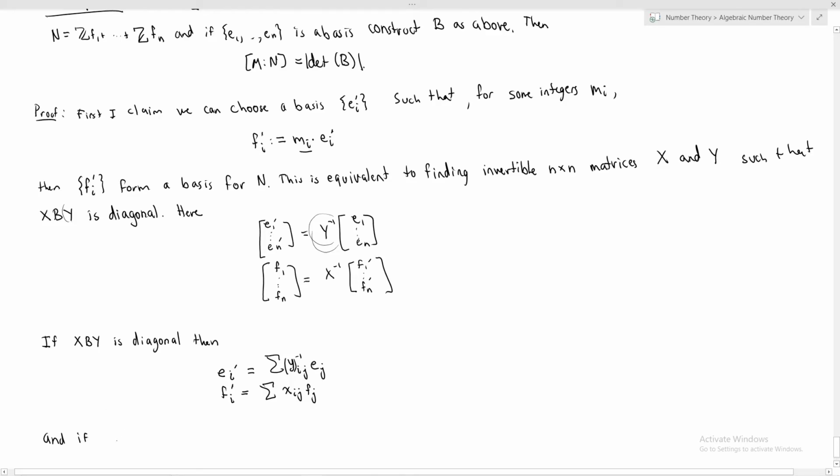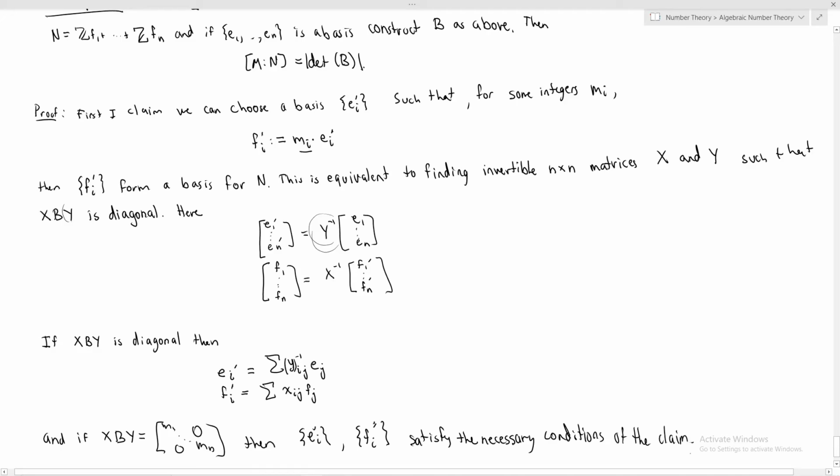Let's say the diagonal matrix XBY equals m_1 through m_n, then these bases will satisfy the conditions. So they satisfy the necessary conditions of the claim.